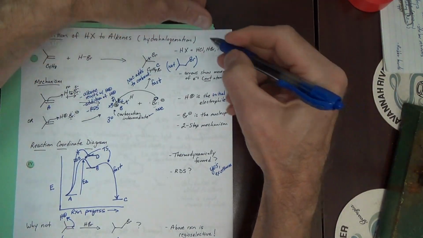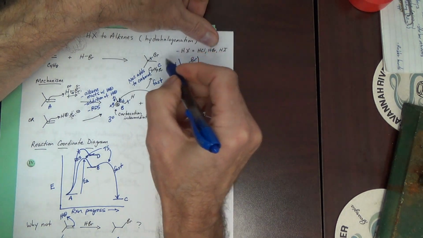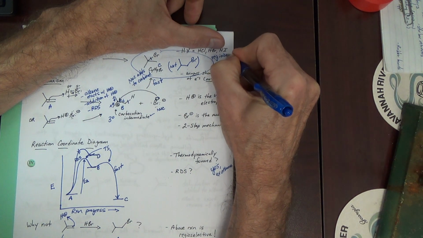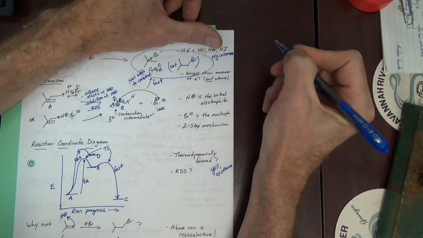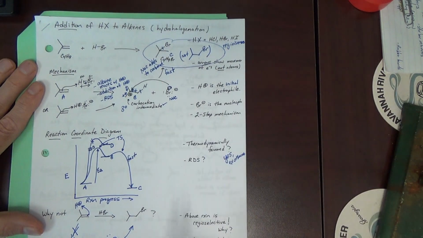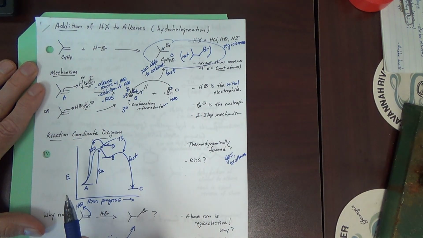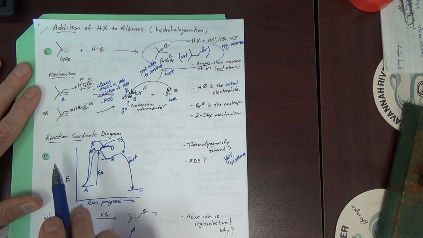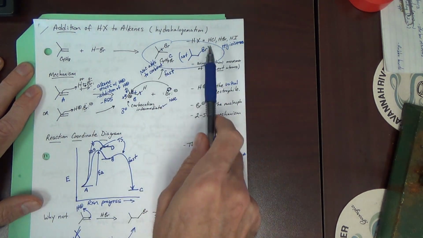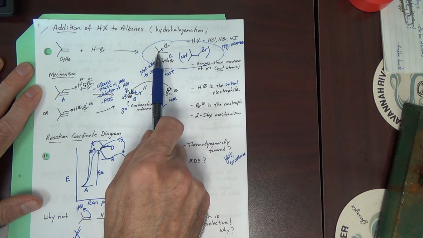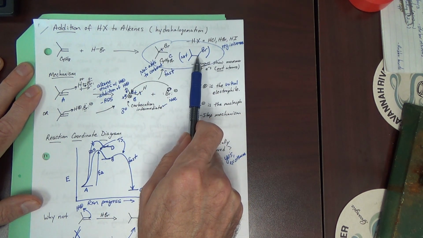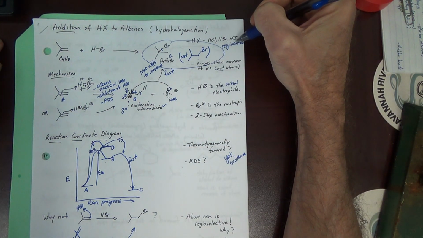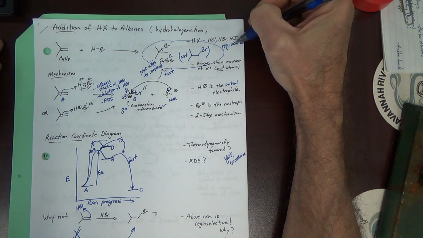These two at the top are called regioisomers. They're isomers. They have the same formula. In the context of the reaction, though, the bromine bonded to this region of the starting material or that region of the starting material. That's where that term came from. Regioisomers are a type of constitutional isomers.